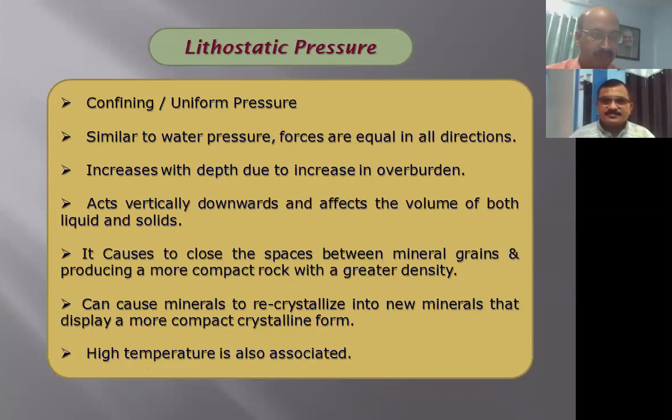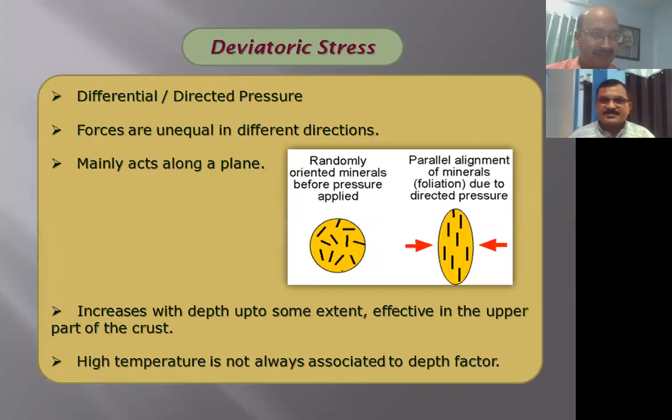The more the depth, the more pressure, and that pressure will be from all directions, a uniform kind of pressure. A simple example of lithostatic pressure. Directed pressure creates deformation in a direction perpendicular to the maximum stress direction, that is sigma 1.